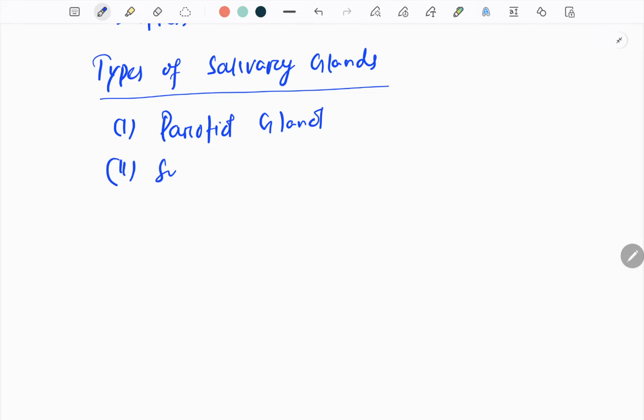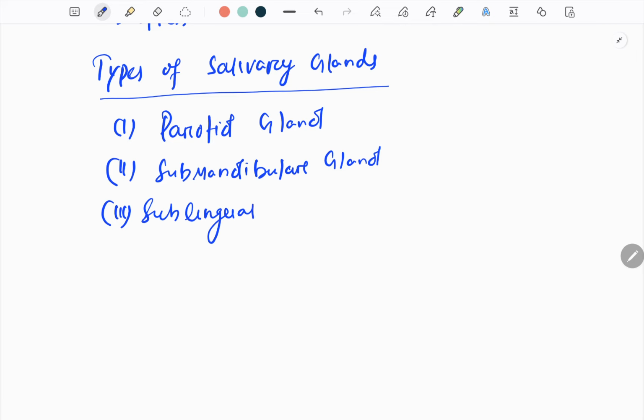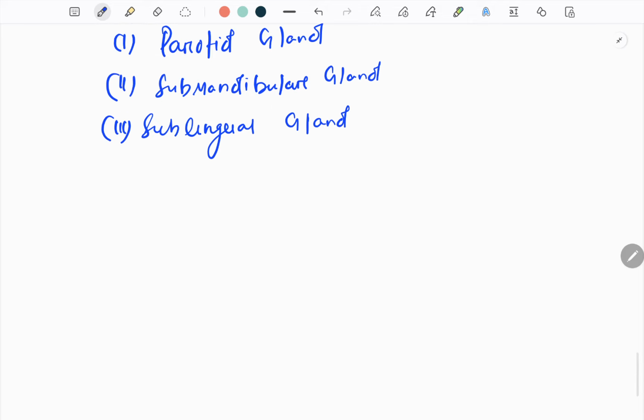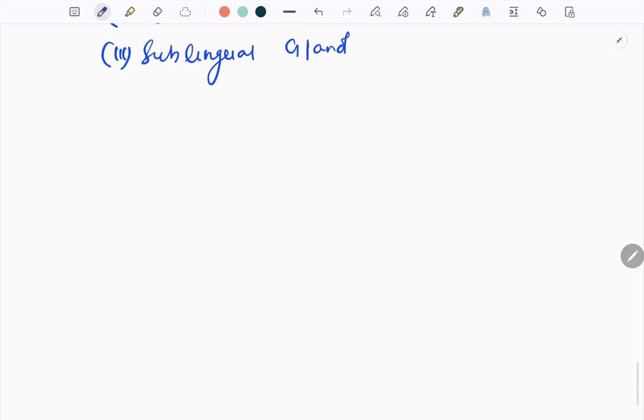Second, submandibular gland. And third, sublingual gland. Parotid, submandibular, and sublingual glands.